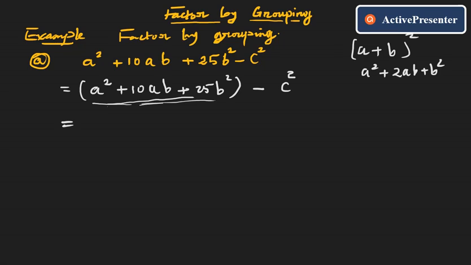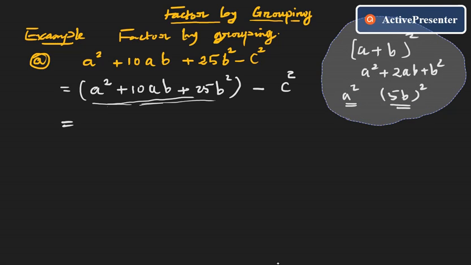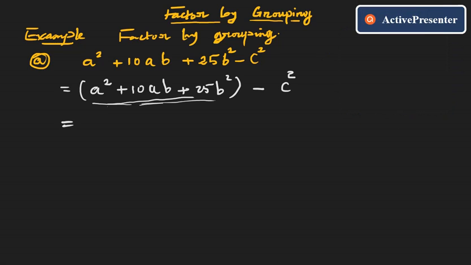Now we will check. We have here a squared and we have here b squared, 5b. If you square it, you will get 25b squared. So let's check if they really form this. A plus 5b all squared is equal to what?